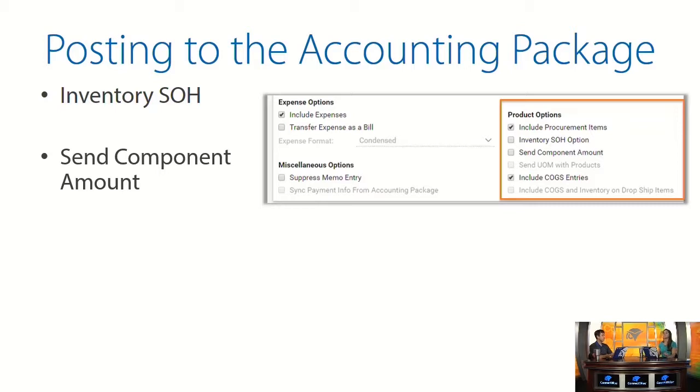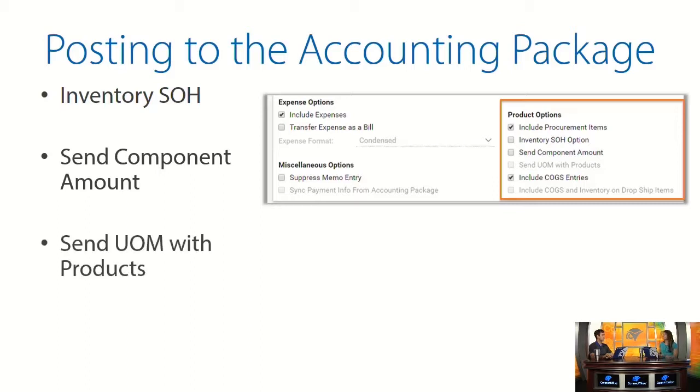Now, send component amount means if I am using a calculated price for my bundle, so my exchange is looking at all the different component products, their prices set up in the product catalog, adding them together to generate the actual price for this bundle, do I want to send those component prices over as well? Or do I just want that main calculated bundle price? If I select this option and have it set to calculated, I'll not only get the main price, but I will also be able to see those individual prices of the components in my accounting package, which if that's necessary for your reporting or your invoicing, you definitely want to have this selected.